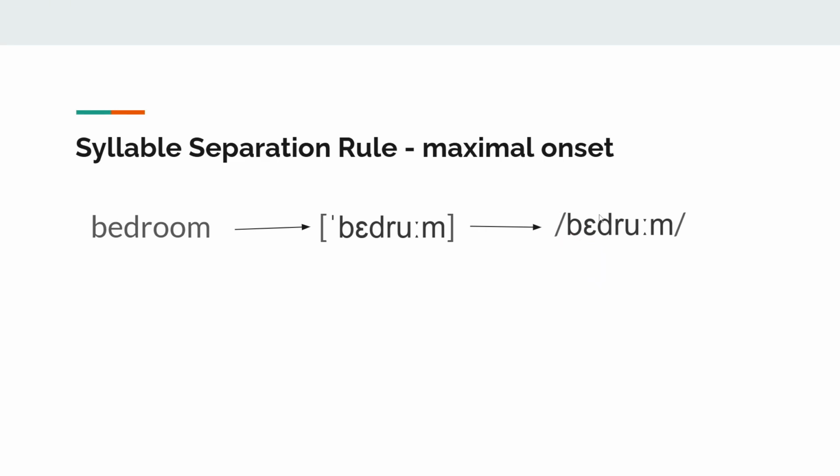But for the second syllable, it can be difficult because it has two consonants here, both d and r. English allows both d and r as onset, and it doesn't break the sonority hierarchy, and that's why the separation must be done between the two syllables, and that's why this word is read as bed-room instead of be-droom.